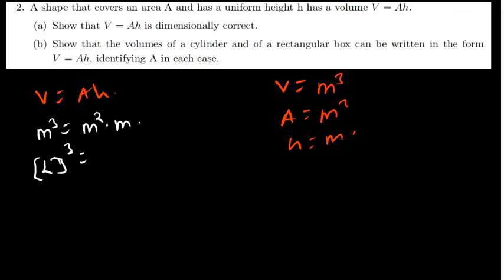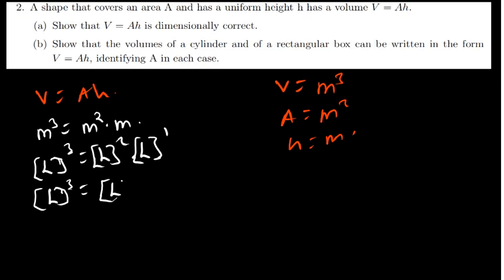L to the power 3 has to be equal to L to the power 2 times L to the power 1. So this time we're going to get to the power 3, right? So as you can see, the left hand side is the same as the right hand side. Questions? No questions. Everything is just okay.